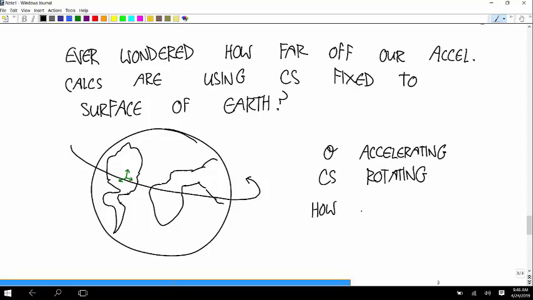So the question is, how different are the true accelerations compared to an inertial coordinate system and the observed acceleration that we measure? That's the question.